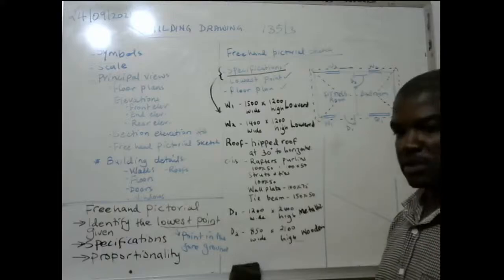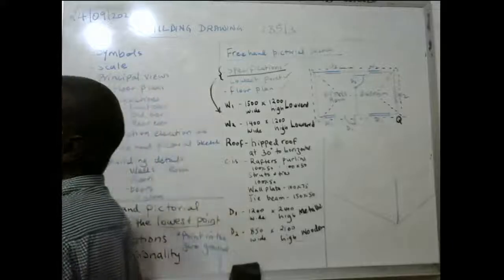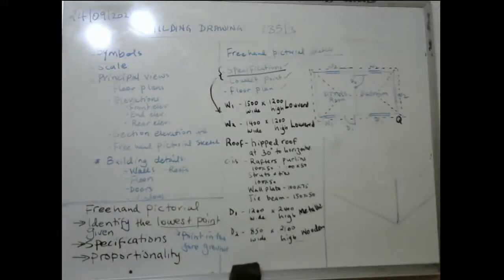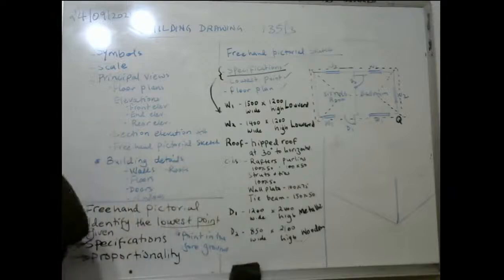They help us to define the building because the building is a 3-dimensional object. If you don't consider the 3 dimensions at the beginning, then it will be difficult for us to make it clear. You have to define the length, you have to define the width, you have to define the height.